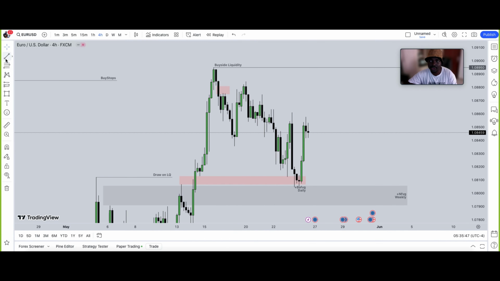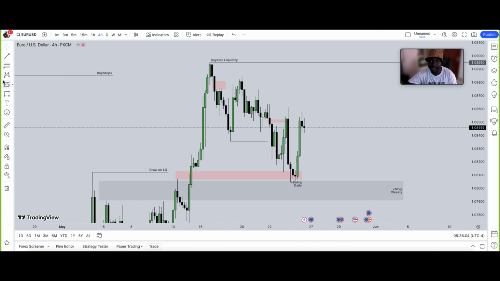It was respected, we went lower, and then we had this raid of sell side liquidity at this point here. And once again, you can see we had a beautiful fair value gap here that was respected, and then price was just going lower. And then after raiding this other low here, we now have that beautiful inversion, right?